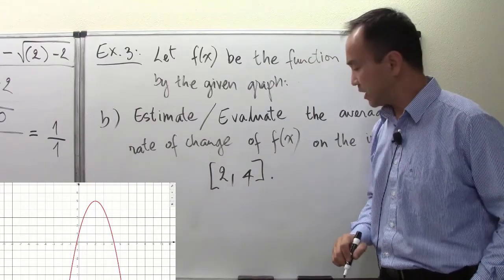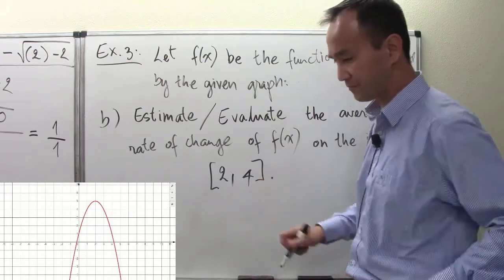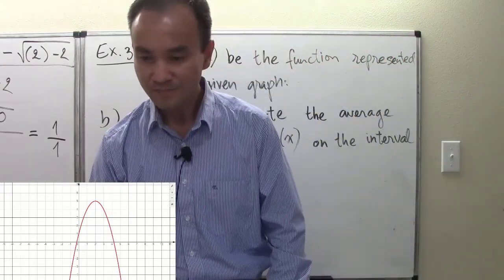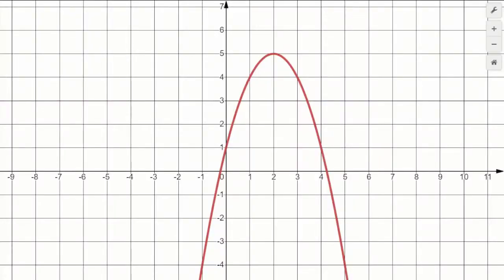In this interval, back on the graph, allow me to put it in the full view screen. When x equals 2, because the interval is from 2 to 4, that is the initial input, this point is about x equals 2.